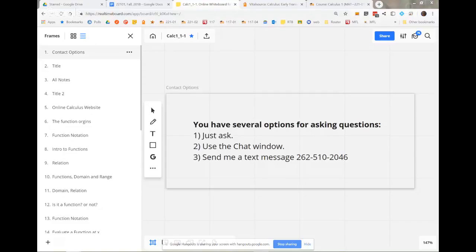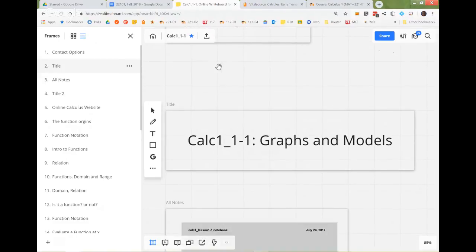So let's talk a little bit about what we're going to try to accomplish today. Now, the title for the lesson is... Lesson 1.1 was Graphs and Models.